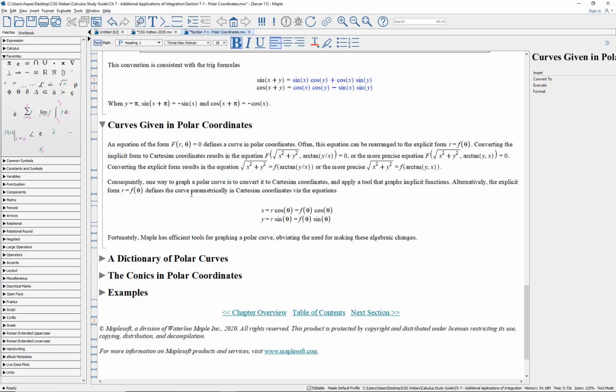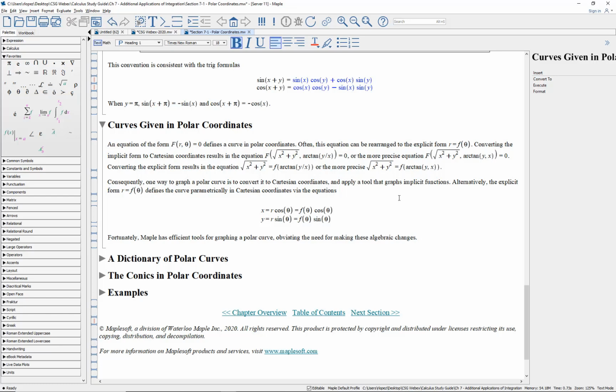graphing these kinds of curves, you can convert to Cartesian coordinates and apply a tool that graphs implicit functions, or keep it in the explicit form, r equals f of theta, which defines the curve parametrically in Cartesian coordinates via these equations: x equals r cos theta, which is f of theta cos theta, y equals r sine theta, which is f of theta sine theta.